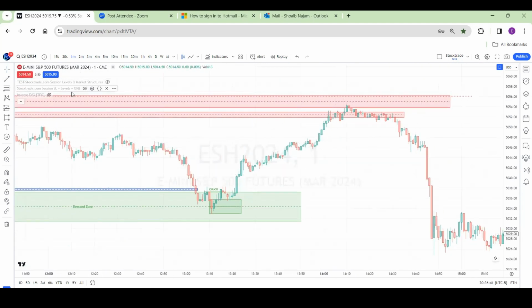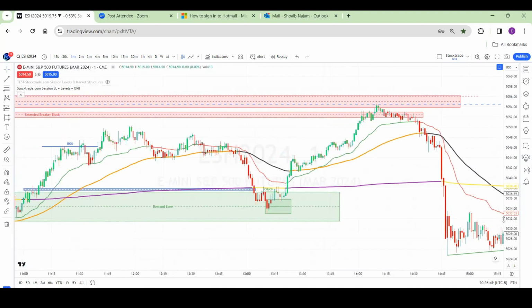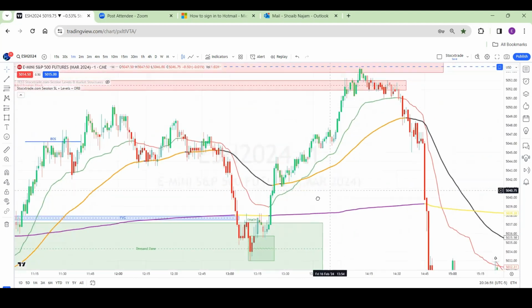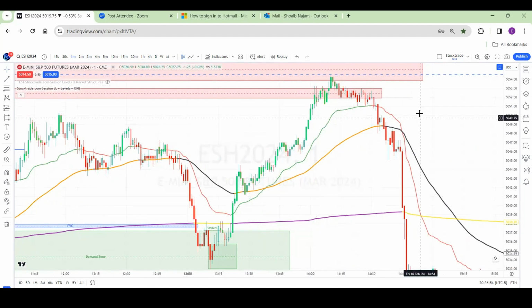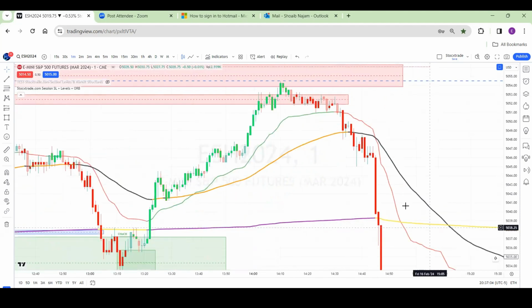But do you think the entry level where we entered, there should be a change of character, must be a change of character. Where is my exit? Even if you have all these indicators, some of you have these indicators, you can exit here. Once the market breaks this level, once you see the red line, just exit.